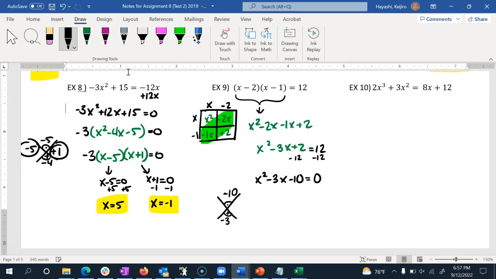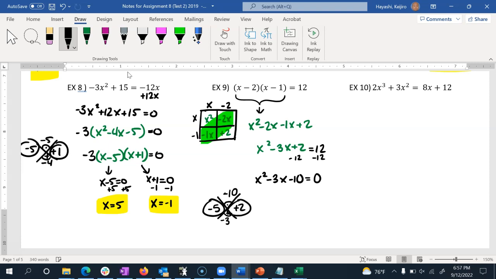And this is actually the last one that we'll need to use this sort of x thing for, I'm almost certain. So the two numbers that multiply to negative 10 and add up to negative 3 are negative 5 and positive 2.